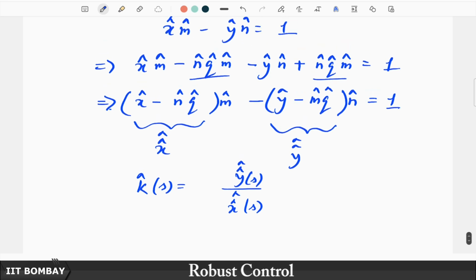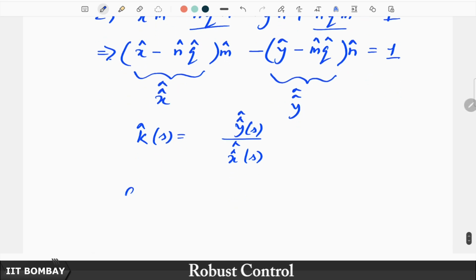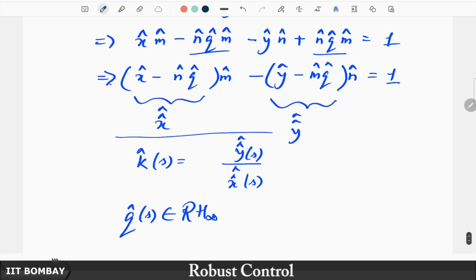But what is the parameter that I can now play around with? It is this q hat. So, suppose I choose this q hat to be in RH infinity, it turns out that even this is a stabilizing controller.